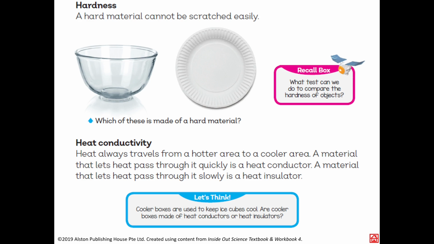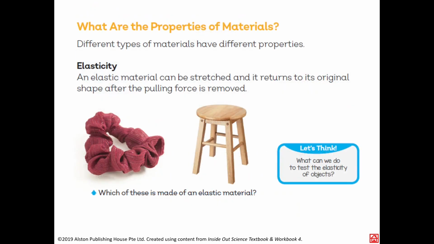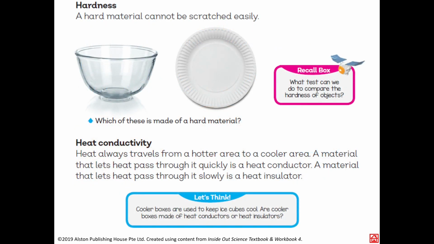Those are good heat insulators. So let's go back one more time. Elasticity is the ability of the material to be stretched and return to its original shape. Hardness is the ability of the material to withstand scratches; a hard material cannot be scratched easily.